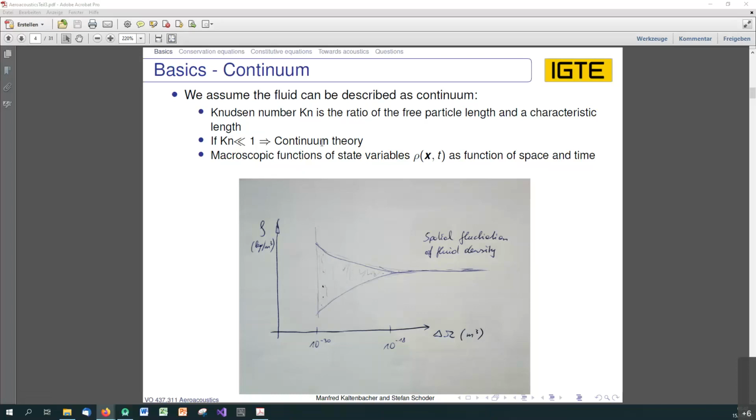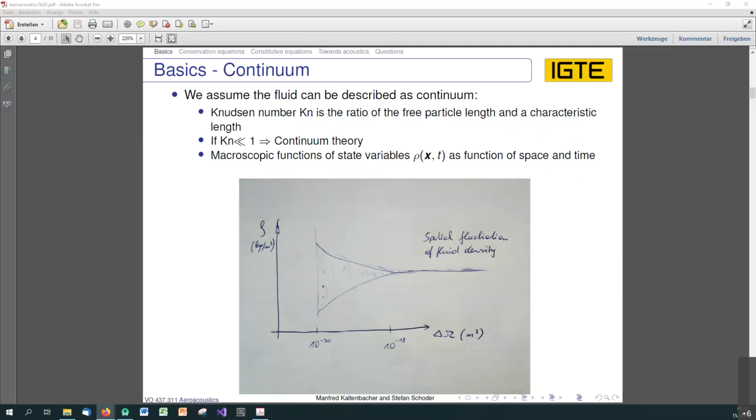And if this applies, then state variables like the density are functions of space and time. And these functions are macroscopic functions, which means that you have more or less an average over a certain domain.